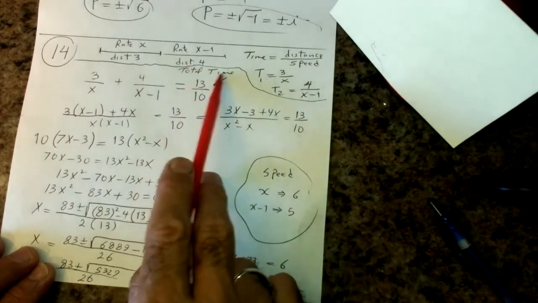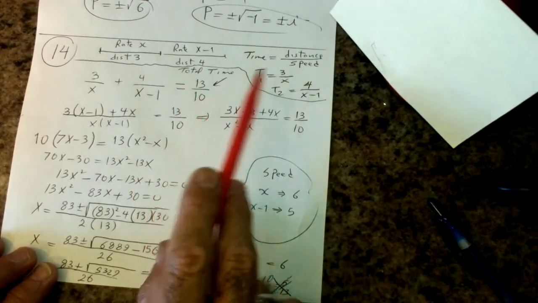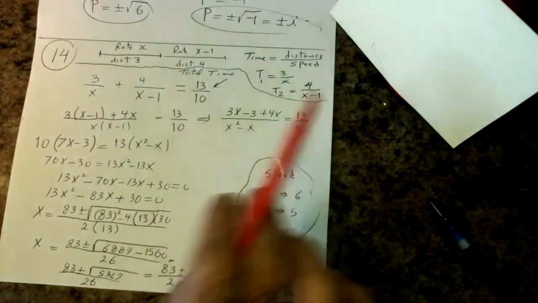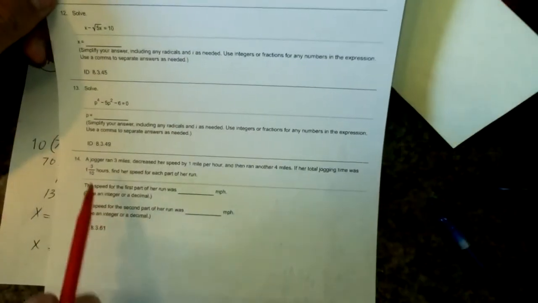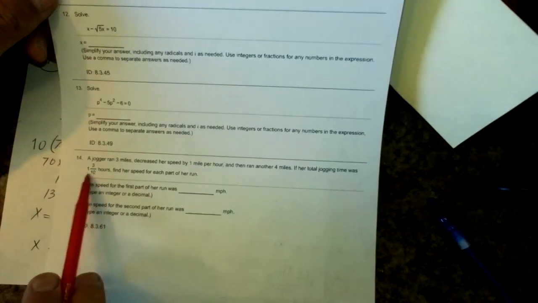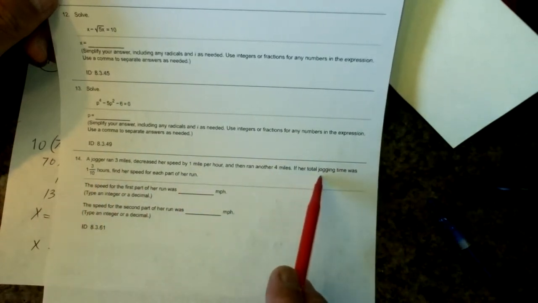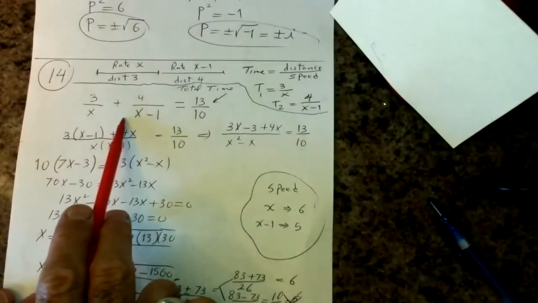The total time in this problem is given. Okay, they're saying that here, the total time is 1 and 3/10, which is 13/10. See that? This is if her total jogging time was that. Okay, so this is your equation.